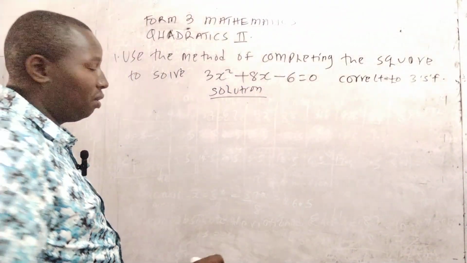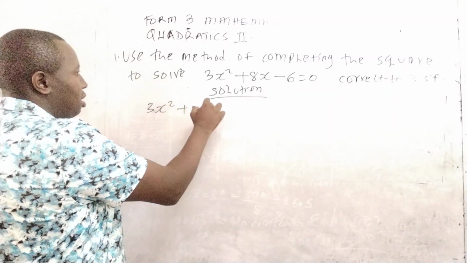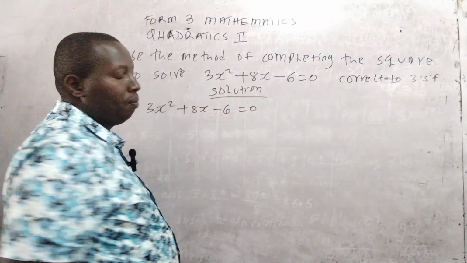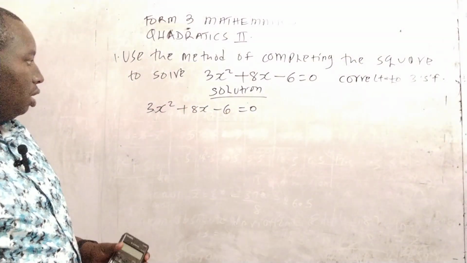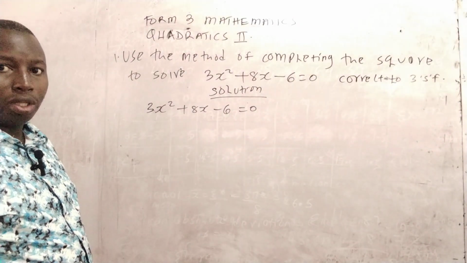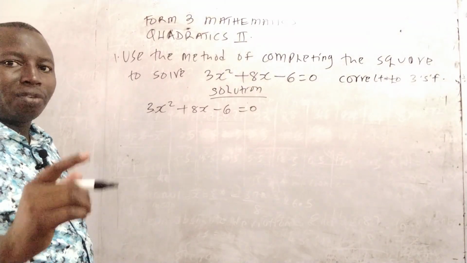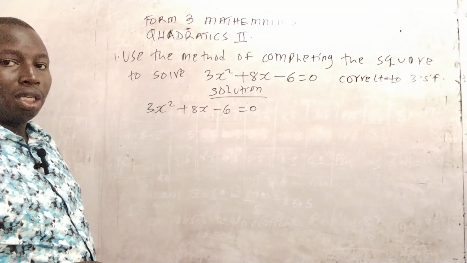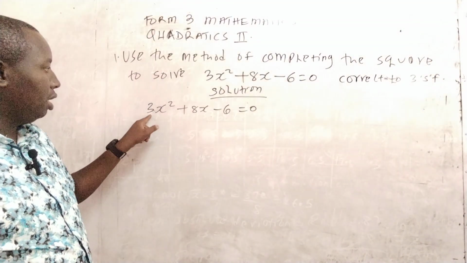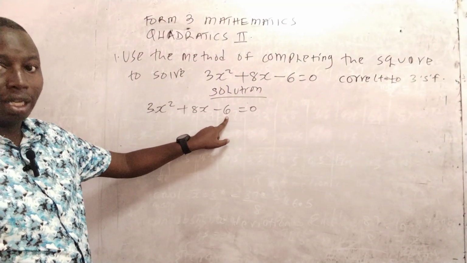The first step is you write this equation: 3x squared plus 8x minus 6 equals 0. Step number 2 is to identify the coefficients. The coefficient of x squared is 3, the coefficient of x is 8, and then you have the constant, negative 6.